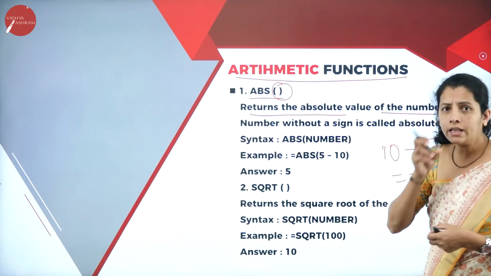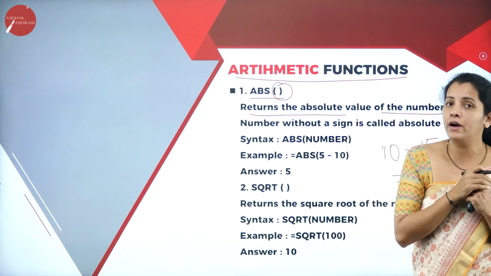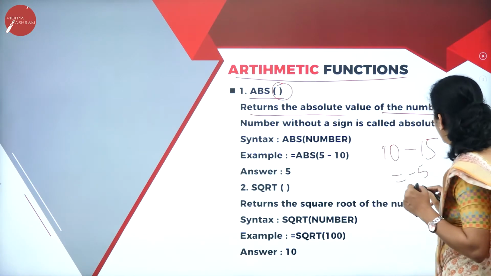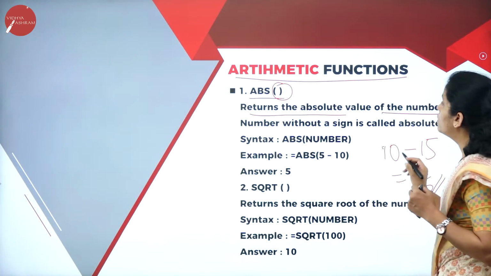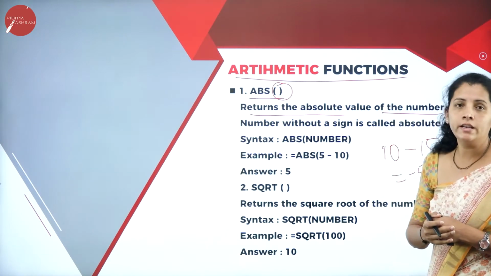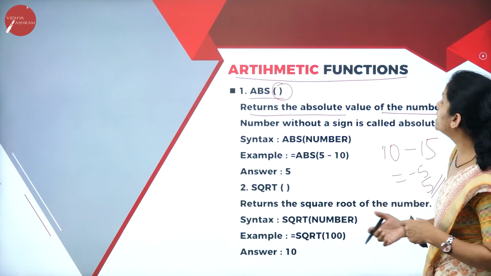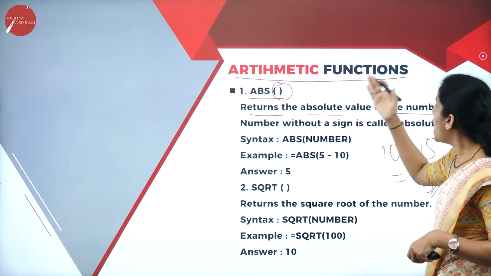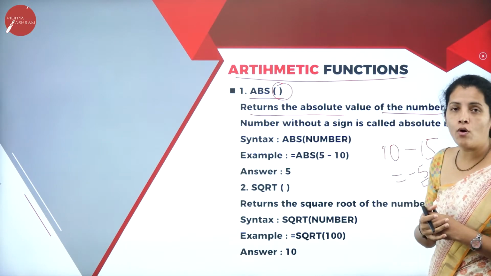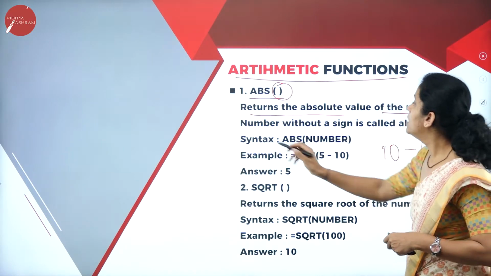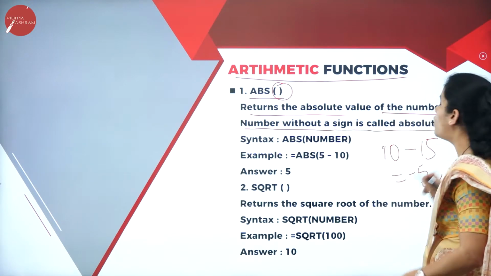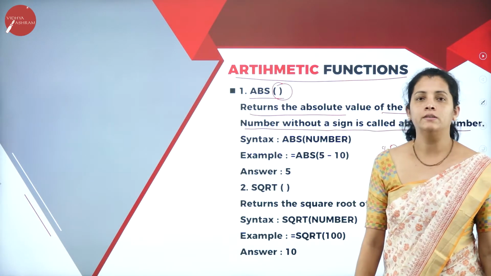Instead of writing minus 5, if I want to make it a round figure, that is 5, I want to use the function ABS. So what is ABS? That is going to return the absolute value of the number. A number without a sign is called an absolute number.